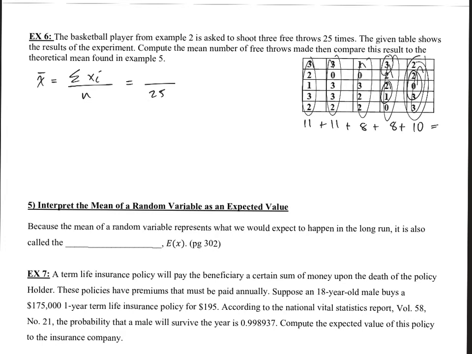And we get 22 plus 10, so 32, plus 8 plus 8, so 32 plus 16, we get 48. So the sum is going to be 48, and 48 divided by 25 is about 1.92. So at the moment, this is really not that close to the mean we had originally. Remember, the mean we had originally in example 5 was 2.4.